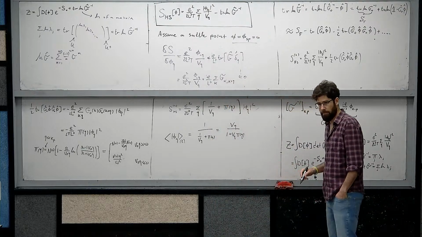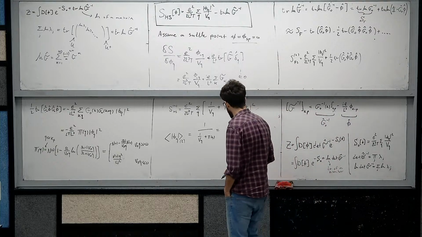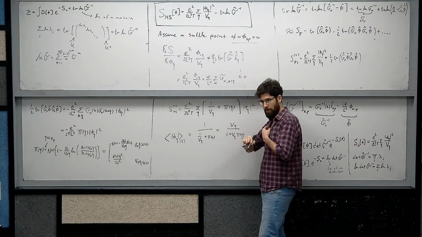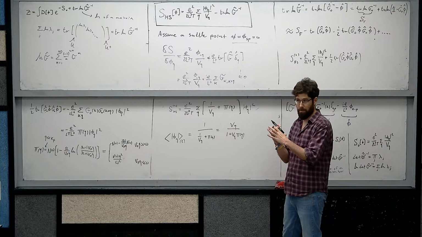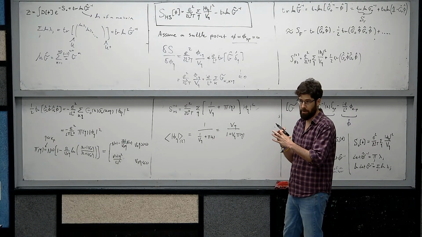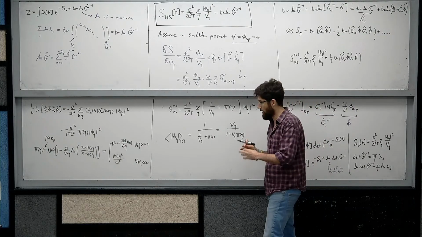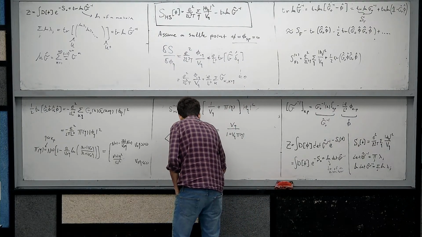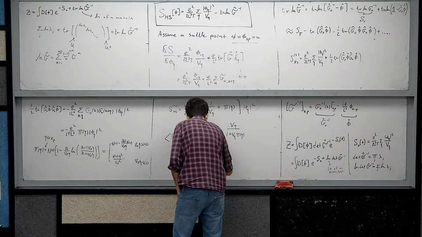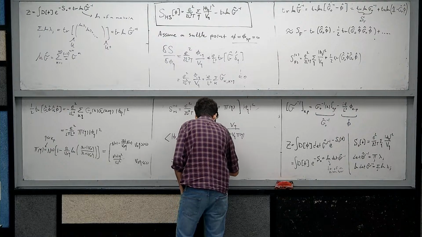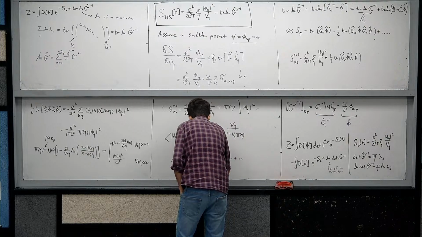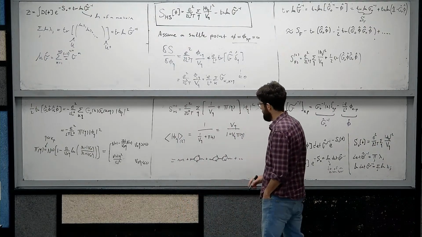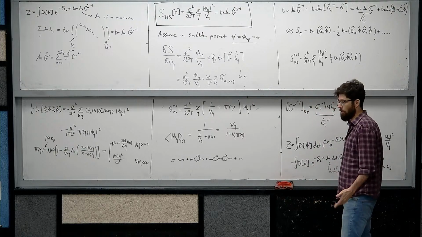And if you remember that each bubble, each fermion loop, gives us a minus sign, this is exactly this. So this is nothing but the RPA interaction.